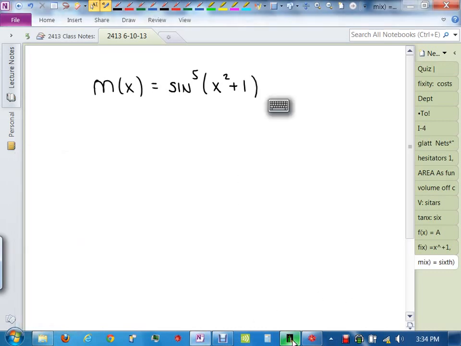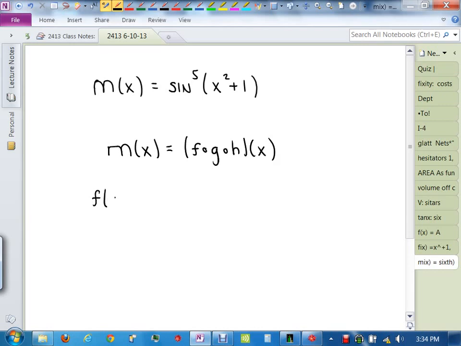All right. So the instructions are find the functions f, g, and h such that M of x equals f of g of h of x. So we want to find f of x, g of x, and h of x.